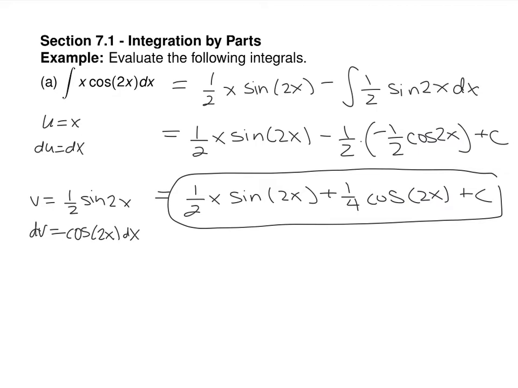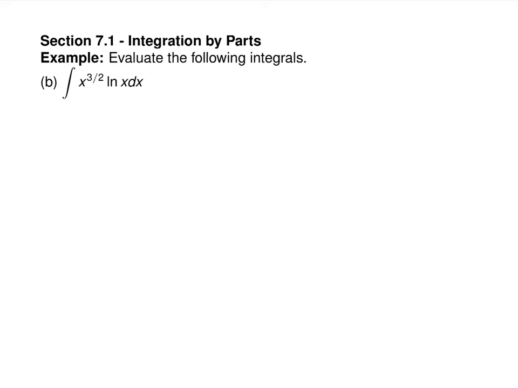One other way you can tell what to choose is the thing you let be dv must be something that you can easily integrate. And notice that here ln of x is not something that you can easily integrate. So you're forced to let u equal ln of x. When you do that, du is 1 over x dx. dv is x to the 3 halves dx.